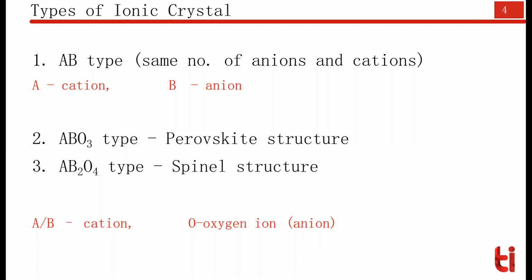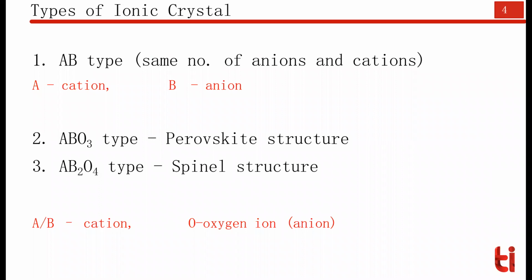Another important structure with which ionic solids are formed is called the ABO3 type structure, where A and B are two different metal sites, and O represents the oxygen site. This is typically called the perovskite structure.